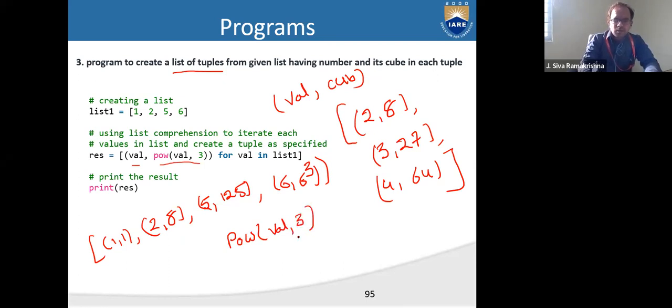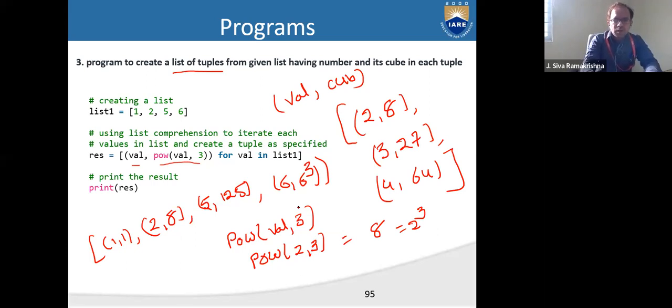So what is the output here? If you say power of 2, 3, it is going to be 8. That is 2 cube. This is how you can understand the function power of 2, 3.